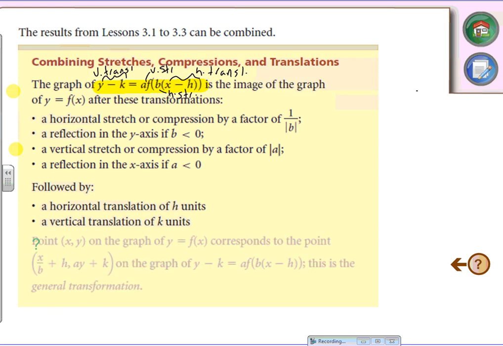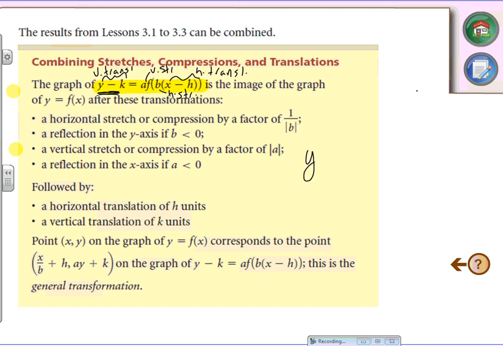So, reviewing it all, we can say, all right, if we are taking that y minus k, hey, we can throw it onto the other side. We could then say, get everything equal to y equals a f b bracket x minus h bracket plus k. You're going to have it sitting this way. In order to talk about transformations, the trick here, I'm going to star this.